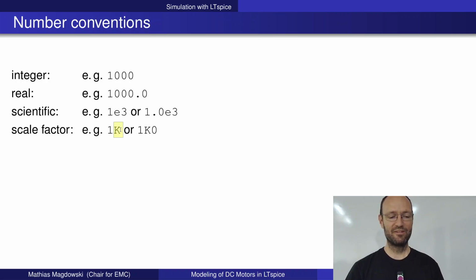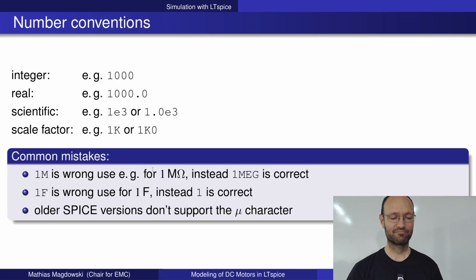As you can see, I've written a capital K here. Usually the K for kilo ohm or kilogram would be a lowercase k. I've written this a bit on purpose, because LTspice won't care whether it's lowercase or uppercase.